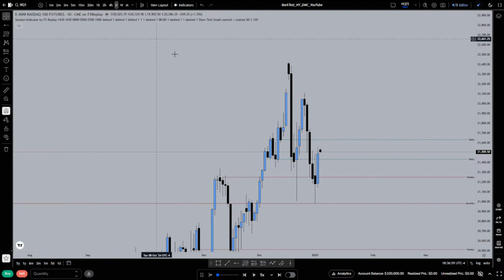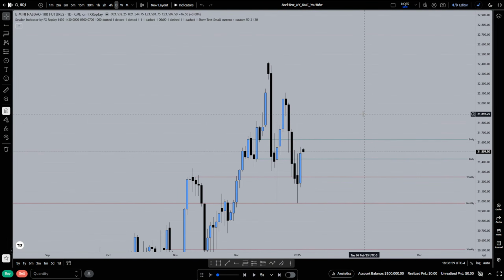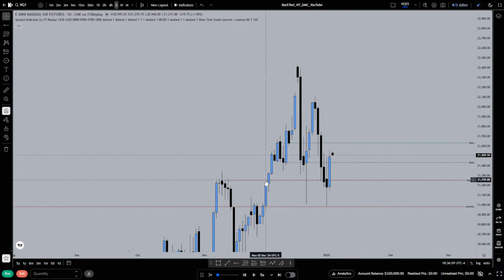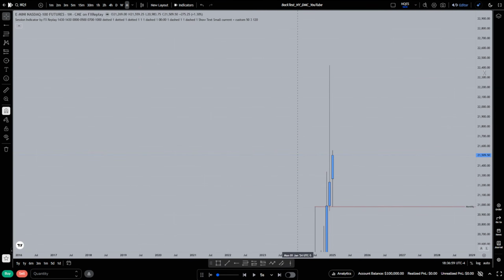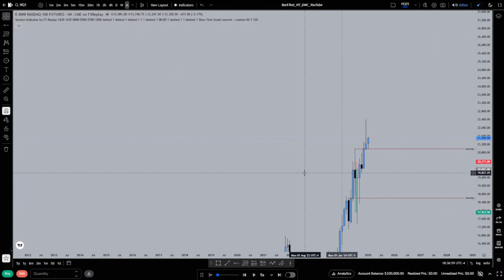Now what else can we see? So now this looks more like a head and shoulders type of thing. Let's see if we have any price action before. So we don't.